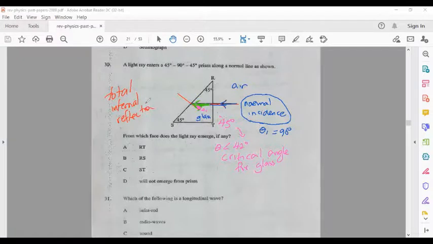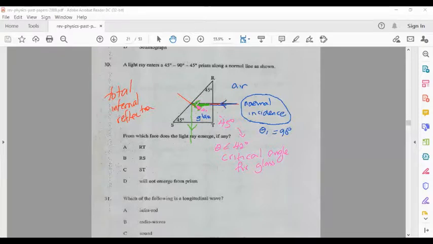And even though we use the word reflection, what's actually happening is it's being bent so far that it's being bent in the opposite direction. So we're going to have our refracted ray coming out like that. Okay? And so that's where it would emerge from. It will do a complete 90-degree turn.